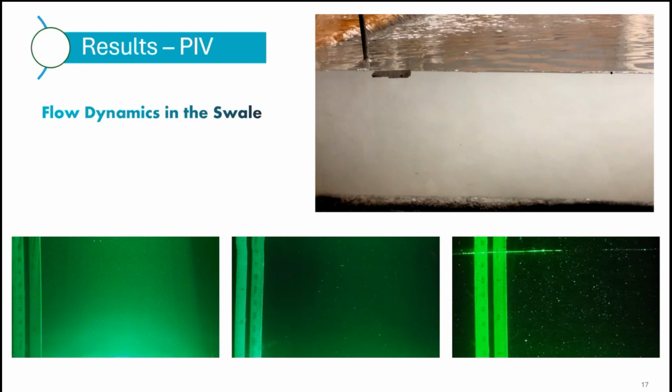Maybe it's not very clear, but the sediments are wandering around. They don't know where to go, to the left, to the right, to the top, because eddies are forming in the system. So we saw that circulation. Next, please. This one is at the end of the channel. This shows that the sediment is moving from downstream towards upstream. So for that reason, we thought we needed to investigate with the PIV. Next, please.